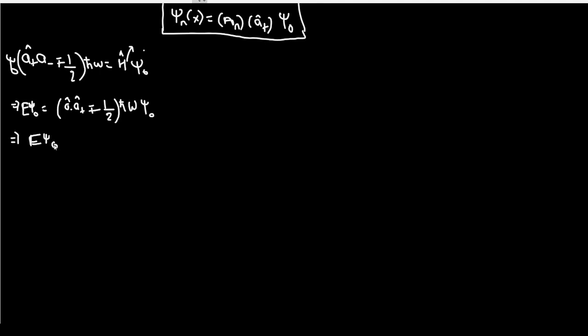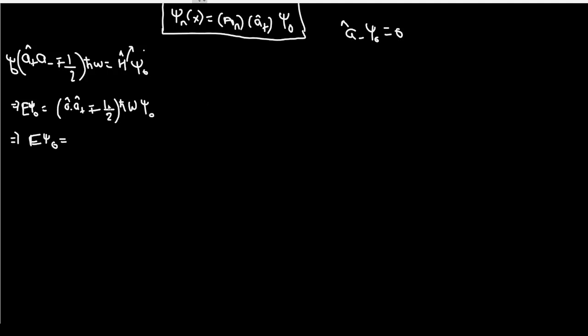So our energy for psi naught can be written as follows. If we apply this to psi naught, we are going to find the energy of the ground state wave function in the harmonic oscillator. In the ground state, when we apply the lowering operator, a psi naught equals 0.